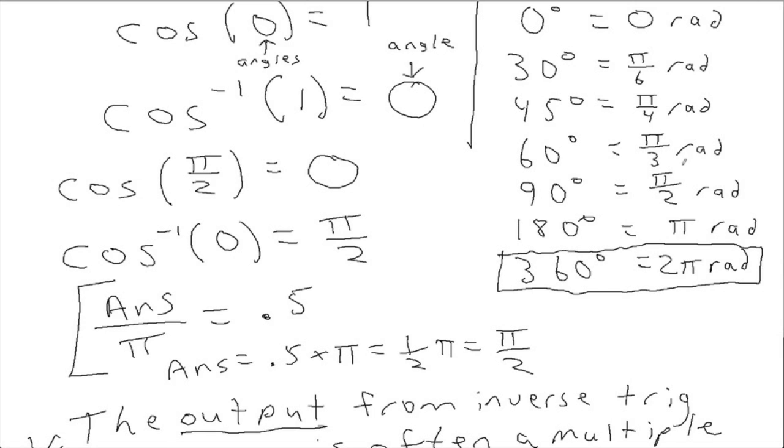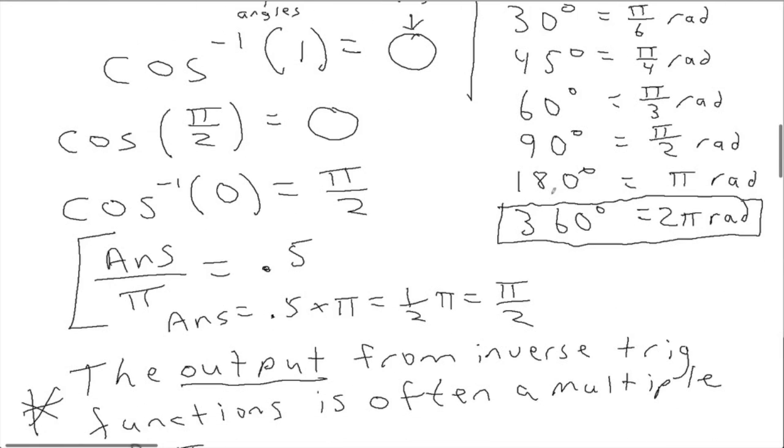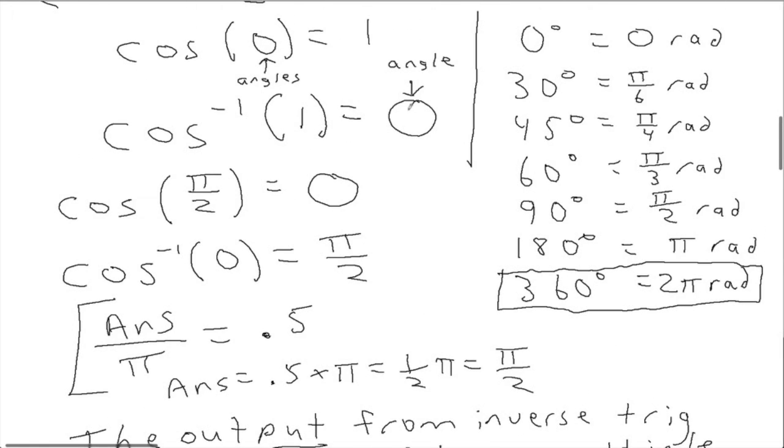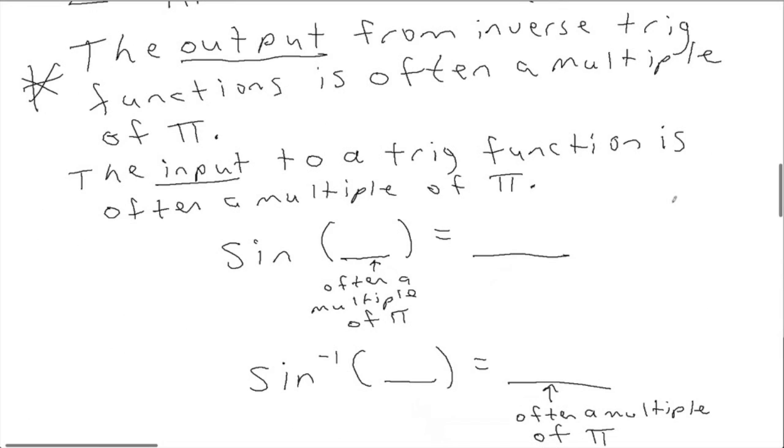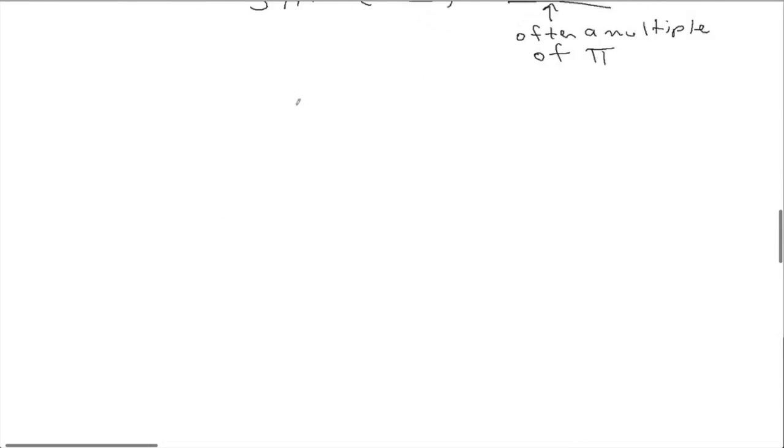The reason why it's a multiple of pi is because the output from an inverse trig function is an angle. Angles in calculus are measured in radians, and radians are often expressed as pi. But that was really all just background. What we're going to need for solving problems is just this idea here: the output from inverse trig functions is often a multiple of pi. Okay?